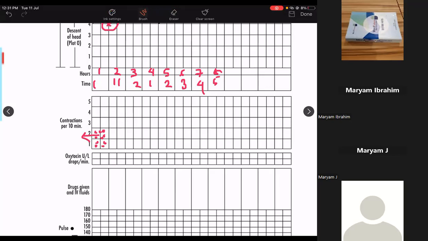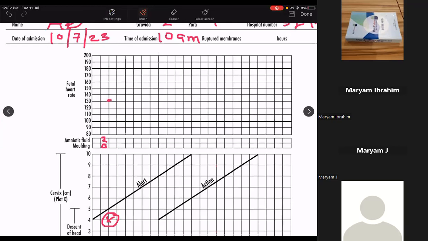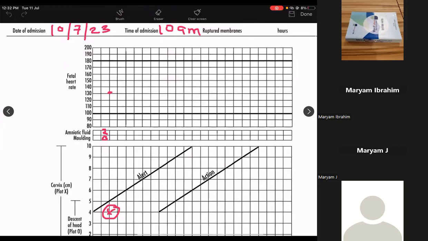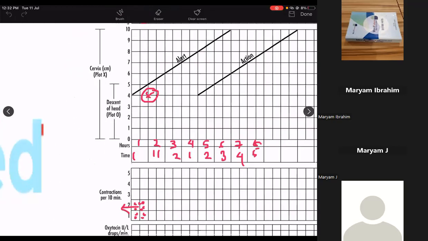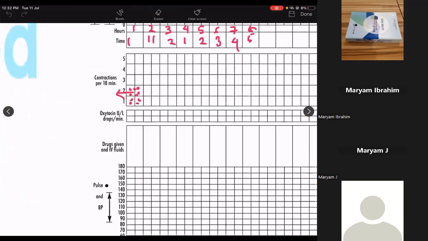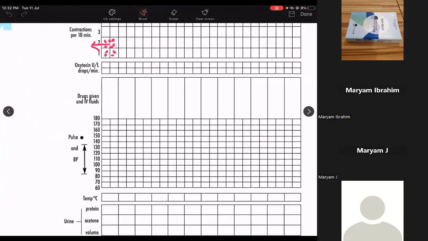And then, of course, she wasn't given any oxytocin, no drugs were given, but you checked her vitals and her BP was within normal range. It was 110/70. So you look for 110. Of course, always make sure that you are plotting on the same line. Don't plot something on this line, then plot another one somewhere else.